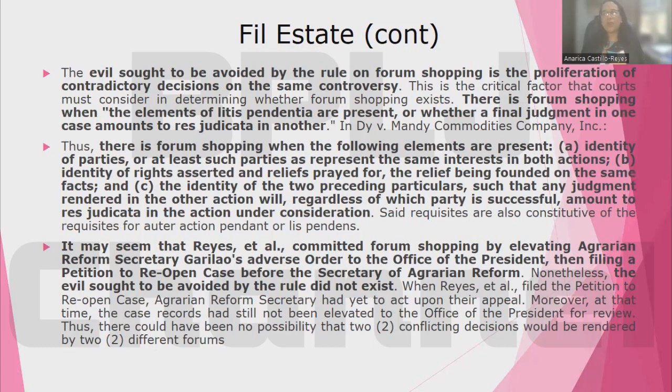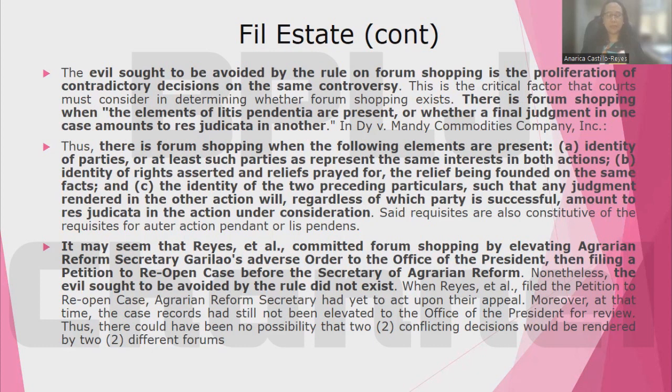Okay, there is forum shopping when the following elements are present: identity of parties, or at least such parties as represent the same interests in both actions; identity of rights asserted and reliefs prayed for; and identity of the two preceding particulars such that any judgment rendered in the other action will, regardless of which party is successful, amount to res judicata.